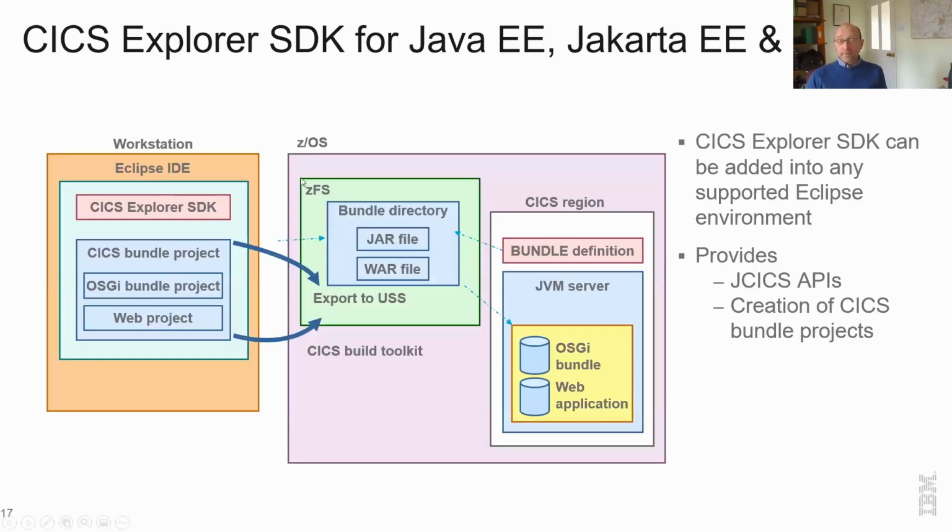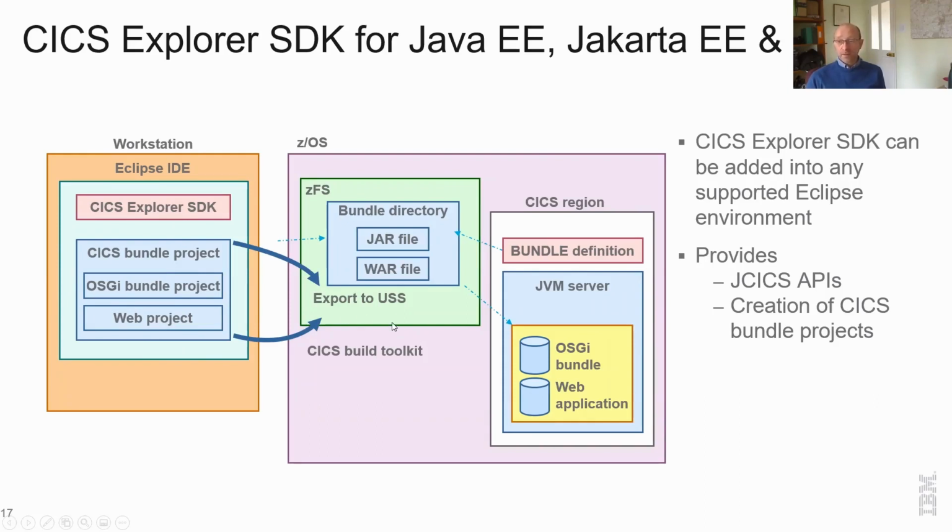So lastly, I should mention the CICS Explorer SDK. The CICS Explorer SDK has been around for at least a decade now, and is an Eclipse plugin and supports Java EE and Jakarta EE and Liberty, and is a tool widely used in Eclipse on a workstation. You install the Explorer SDK into your workstation, and you create this CICS bundle project, and you can have a web project, and it enables you to then export the archives.